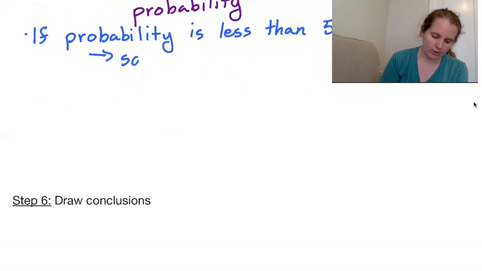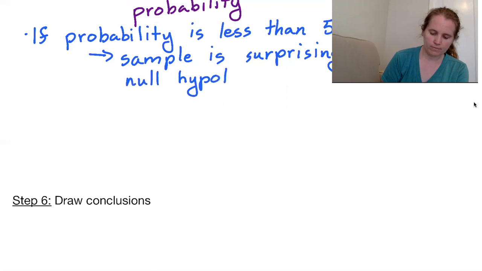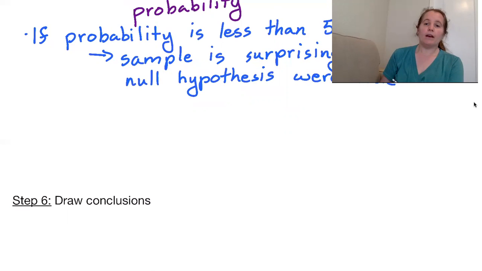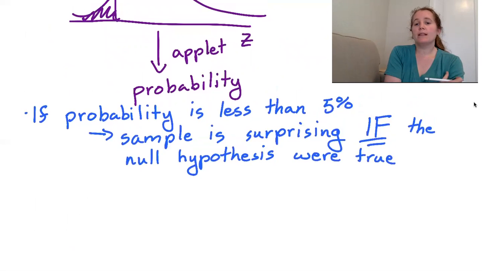Here's our big if: if the null hypothesis were true. So if the probability is less than 5%, then we consider the sample to be surprising if the null hypothesis were true.